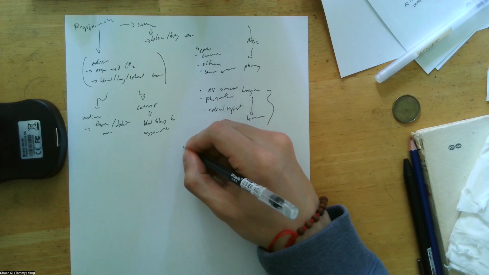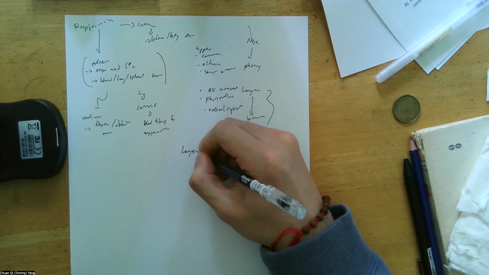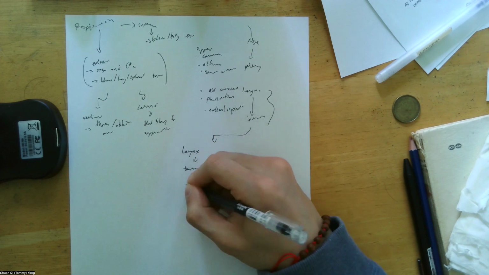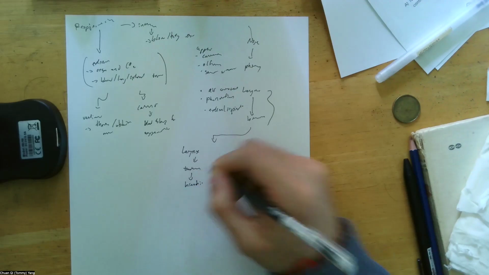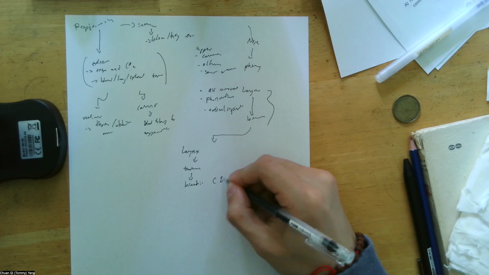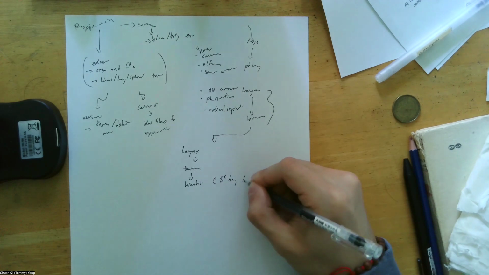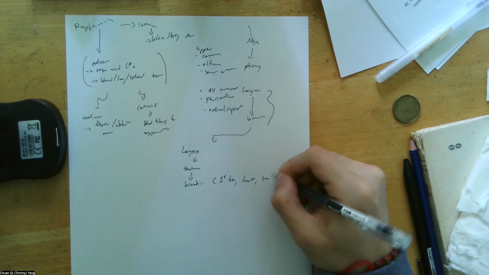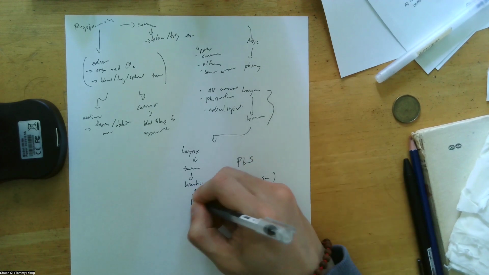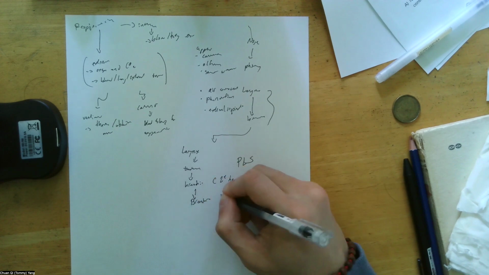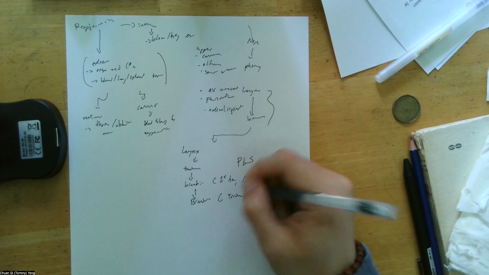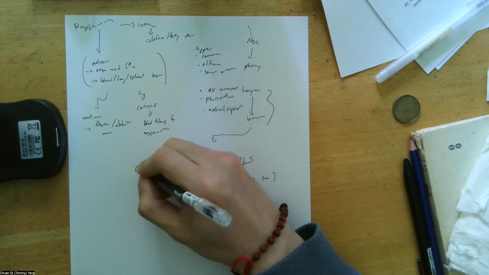Now, conducting is basically moving air, and this is from the larynx to the trachea to the bronchi. There are three types actually. First it's divided into primary bronchi, lobar bronchi, and segmental. You can use PLS as an acronym, and then bronchioles, which go into terminal bronchioles. And then these would be the conducting portions.